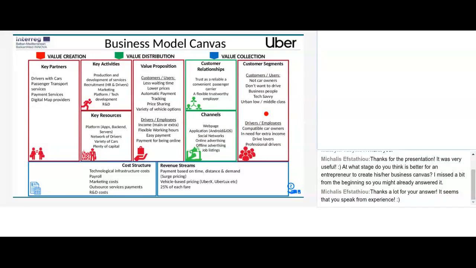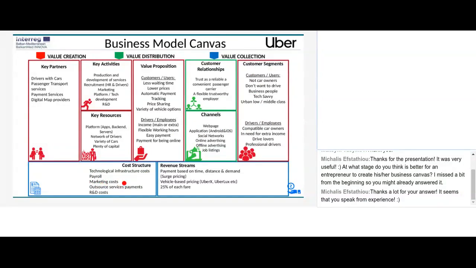And now moving towards the value collection, we have the cost structure, or the expenses, of the business model of Uber. We have the technological infrastructure costs, all the costs that are needed for the technology behind Uber to work. We have payroll for all the personnel.